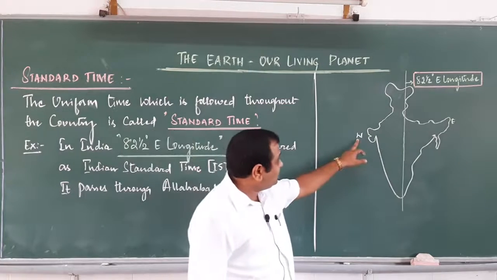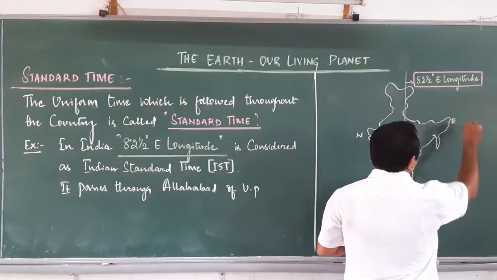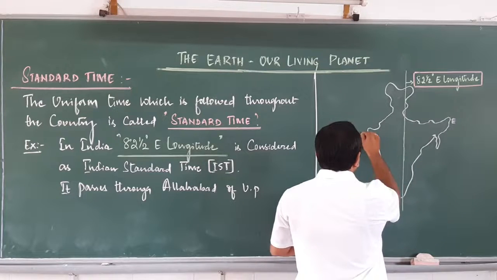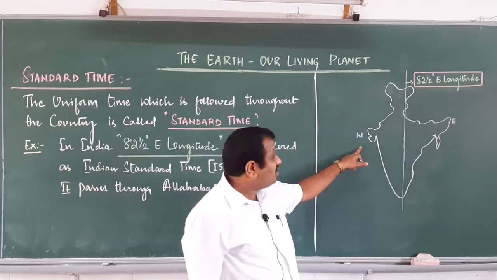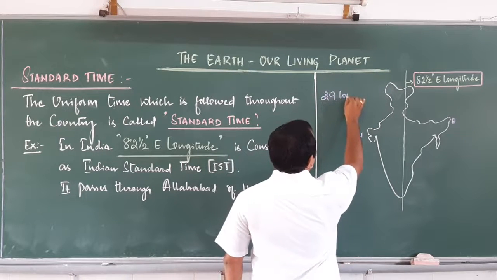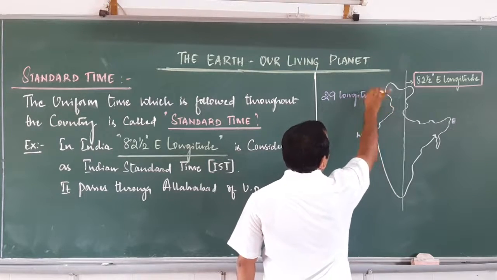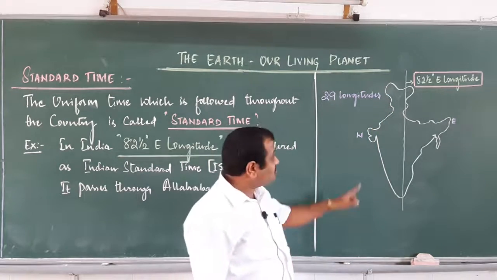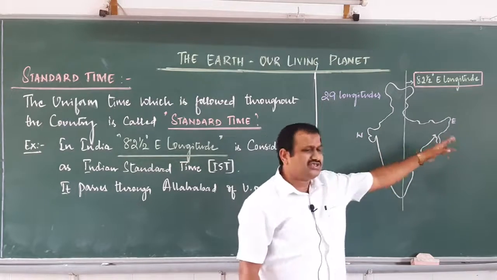From the west end to the east end of our country, there are almost 29 longitudes that pass.